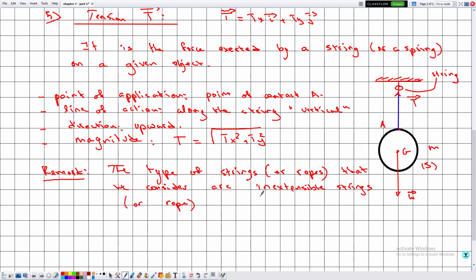And what do we mean by the word inextensible? This is very important.